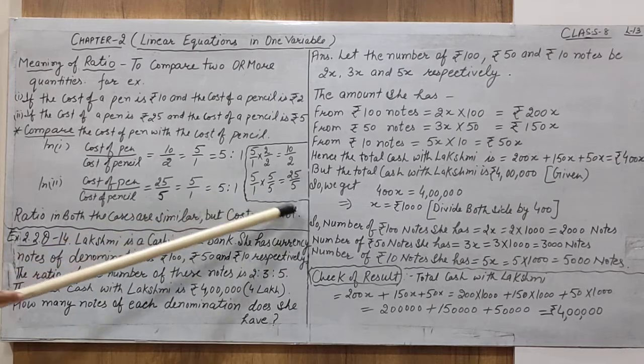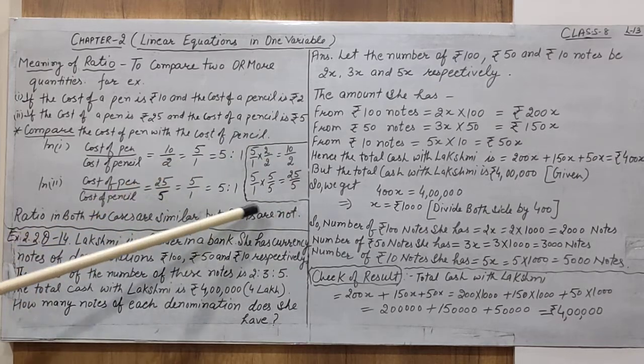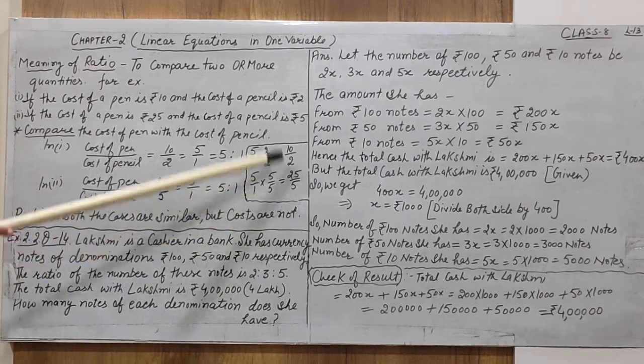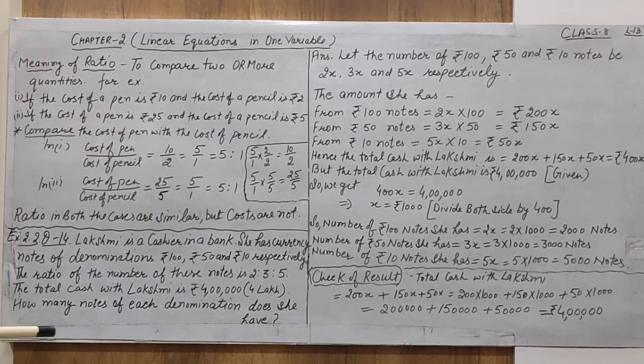Alright, now this understanding we can use in this question. That is, the ratio in both the cases is similar but the costs are not similar. So let us use this understanding of the ratio in this question. How can we use it?